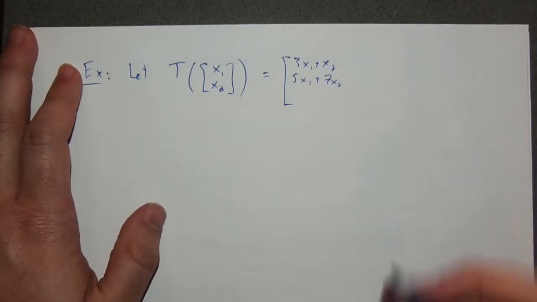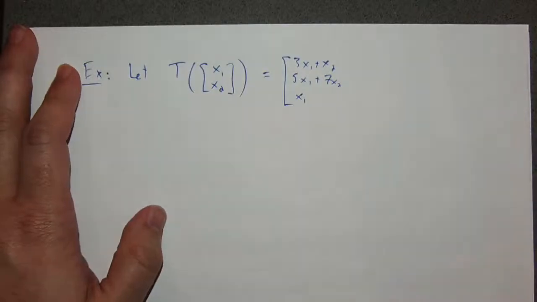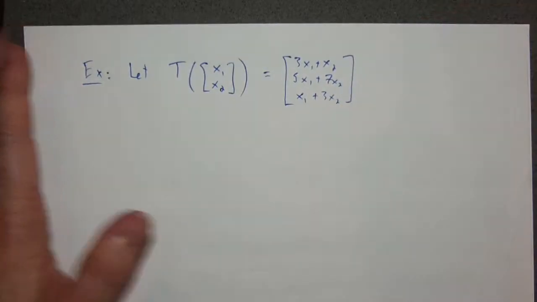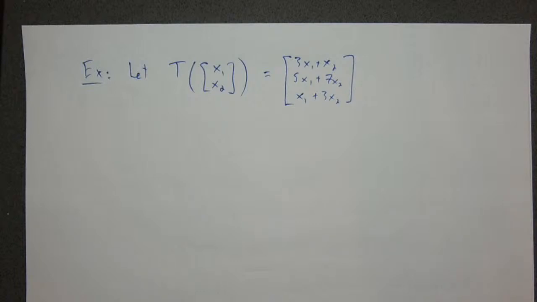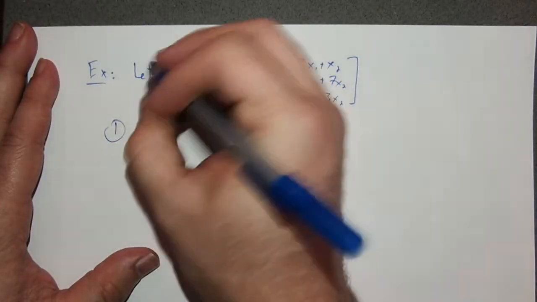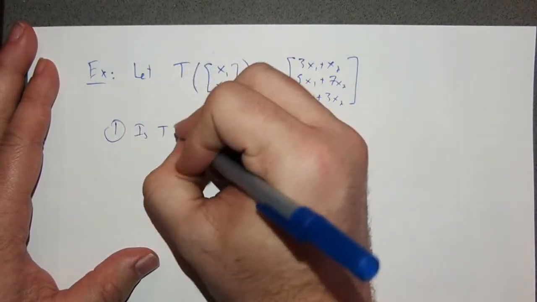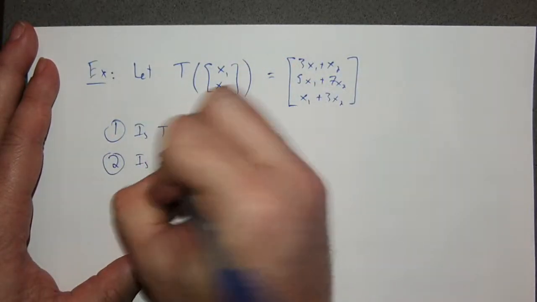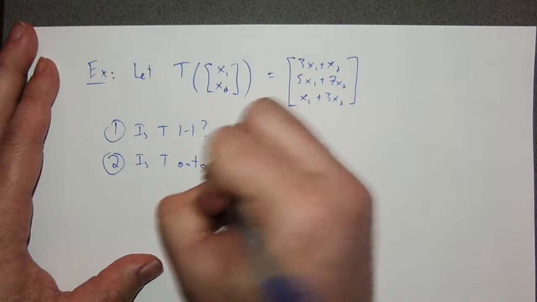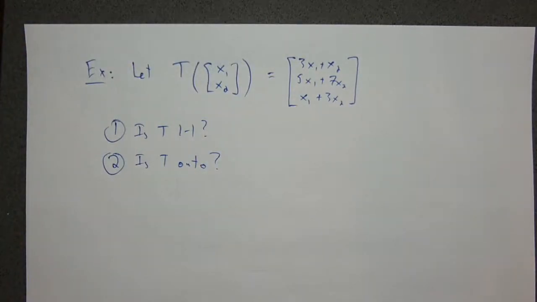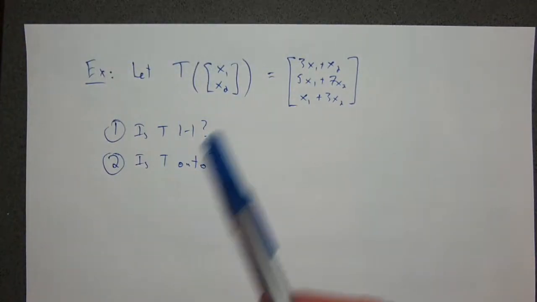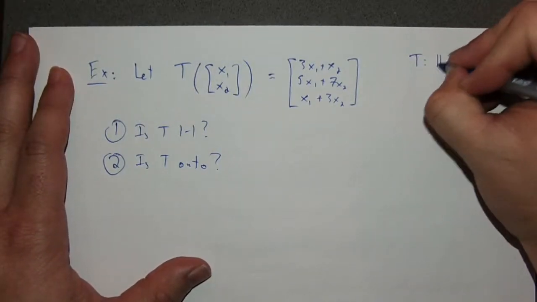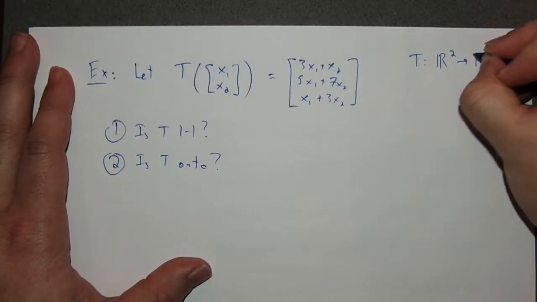And in the last slot, it's x1 plus 3x2. Okay, so question 1: is T 1-to-1, and question 2: is T onto? That is, does T map R2 onto R3? Note that T is a linear transformation from R2 to R3.